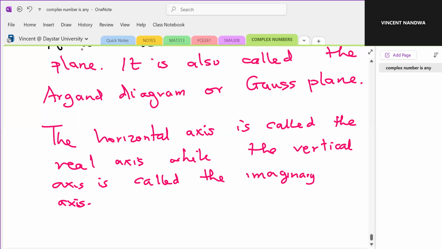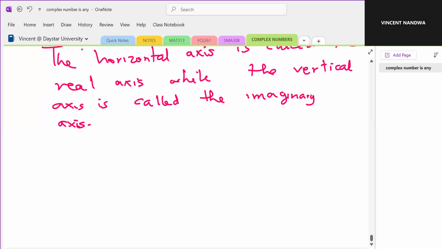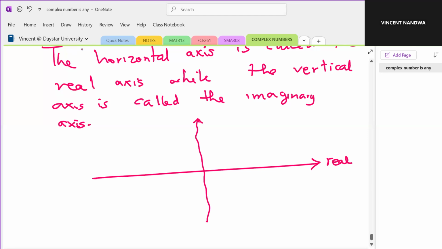And so we can give a picture which actually represents this. So this is what you are calling the real axis, and this is what you are calling the imaginary axis.